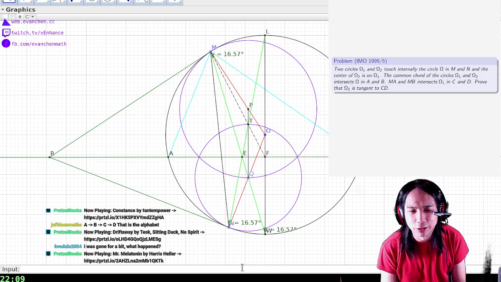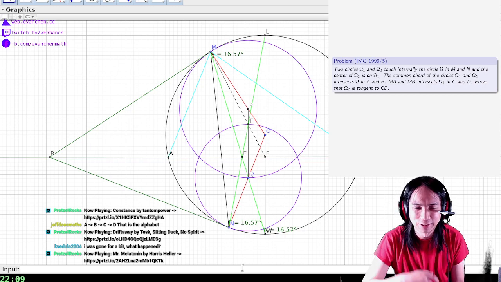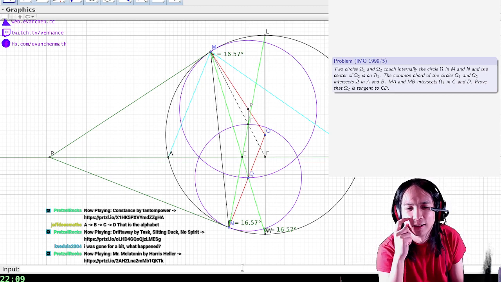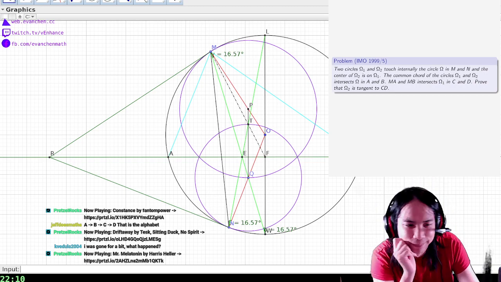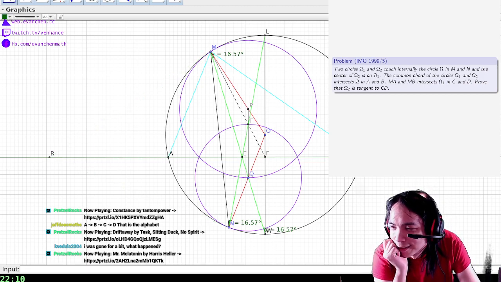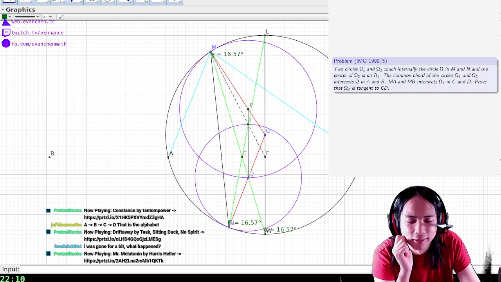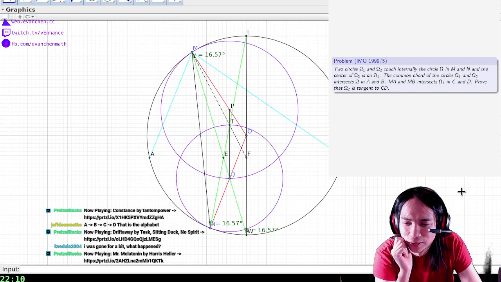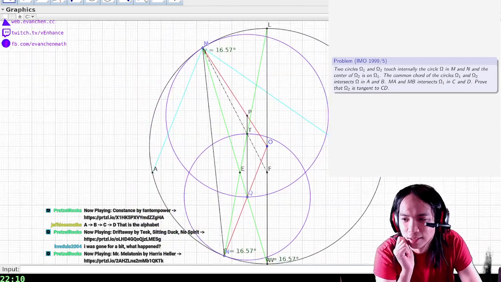Also, did I ever use... I don't know if I ever used the dark green lines. Let me see. I don't think I ever used them, which is sad. Another attempt to use radical axis has been foiled. I don't think I used radical axis at all.